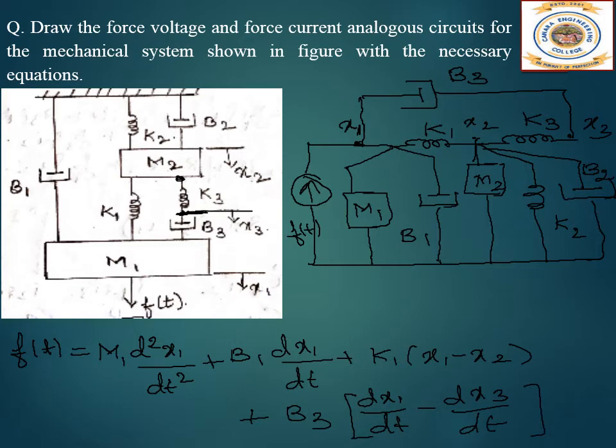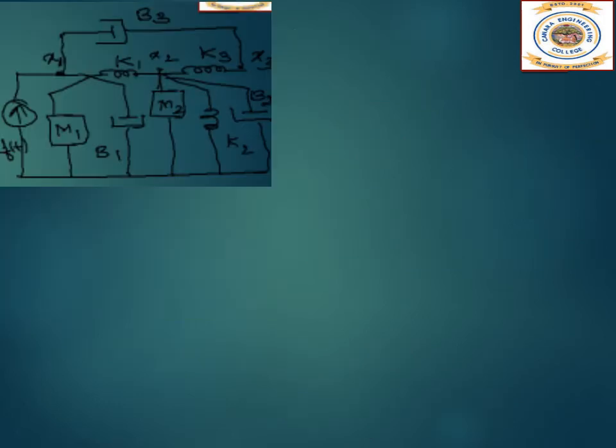Next we'll write the equation for x2. So node 1 we have written, now node 2. There is no input, so 0 equal to, the elements connected are k1, m2, k2, k3 and b2.